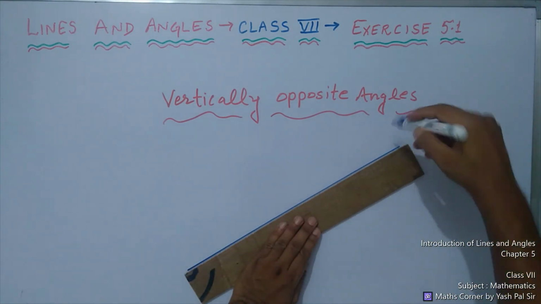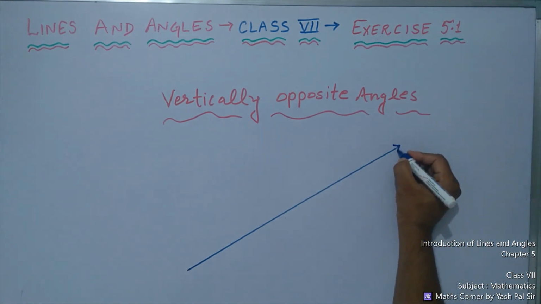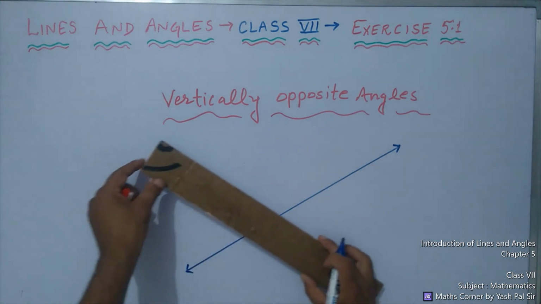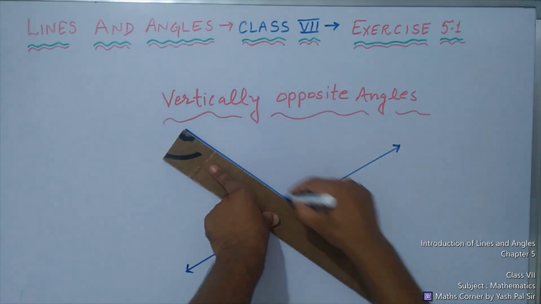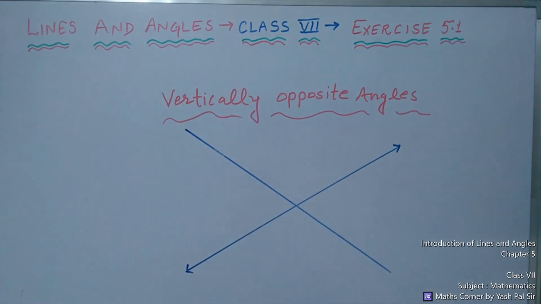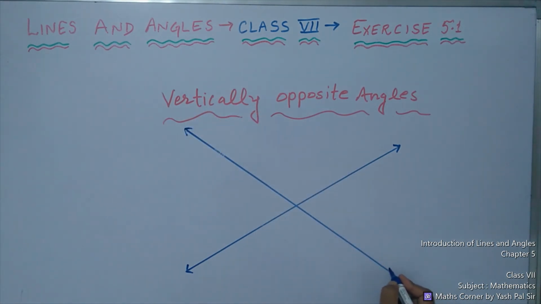One line means we make an arrow mark on both sides, okay? There is another line and these two lines are intersecting each other. Again there is an arrow at both sides, right?